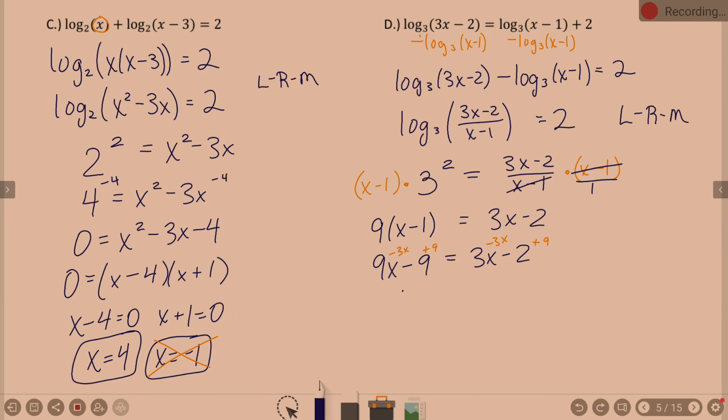So 9x minus 3x is 6x. Negative 2 plus 9 is 7. If it's 6x equals 7, we're going to divide by 6. My brain wants to say x is 7/6.